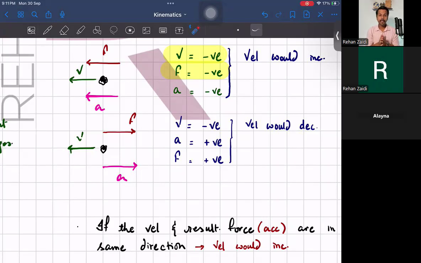सो द फोर्स, it may be in the direction of the velocity, maybe in the direction of the motion, and if it is in the direction of the motion, so it means the motion is increasing, the velocity is increasing, right.